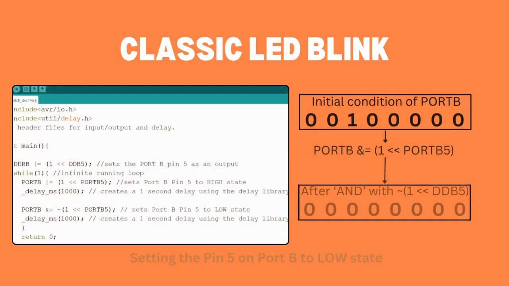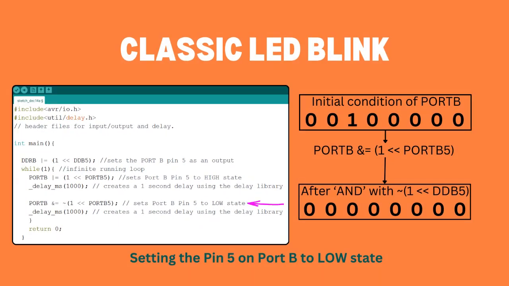The third step, which is lowering the pin, is basically where we'll use the AND binary operation and the complement operation. We'll perform the same 1 left shift of PORTB5, but we'll complement it.